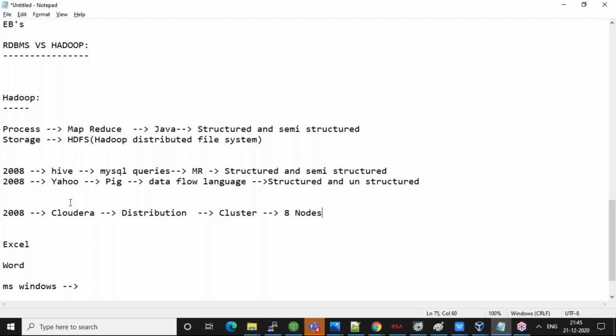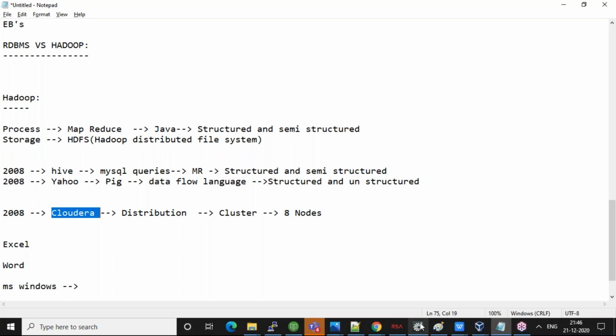This cluster is provided by Cloudera. Suppose for your project you need a 10-node cluster. You can contact Cloudera and say, this is my project, we need a 10-node cluster, how much do we need to pay? For this they might charge, for example, $20,000 or $30,000. Along with the cluster, you also get a Hadoop environment.